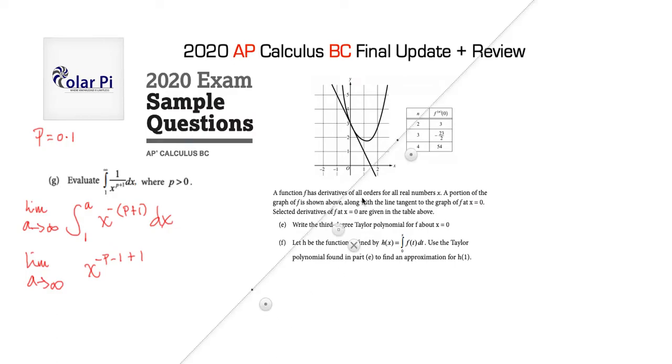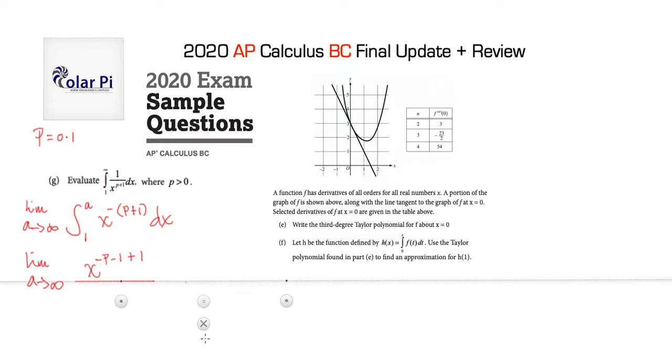I should have kept my line horizontal. Notice that this new power simplifies because -1 plus 1 is just 0. So what we're dividing by really is -p, since we're dividing by -p minus 1 plus 1, which simplifies to that.